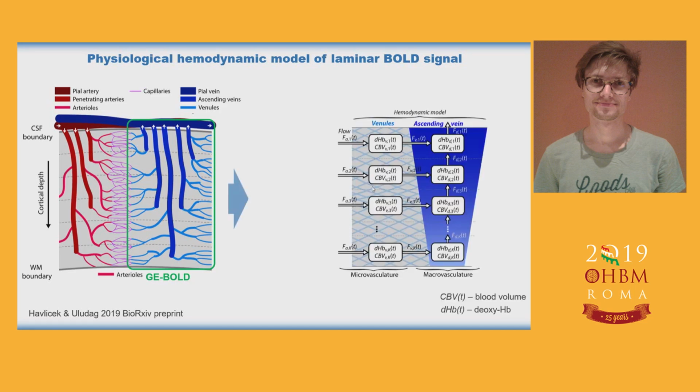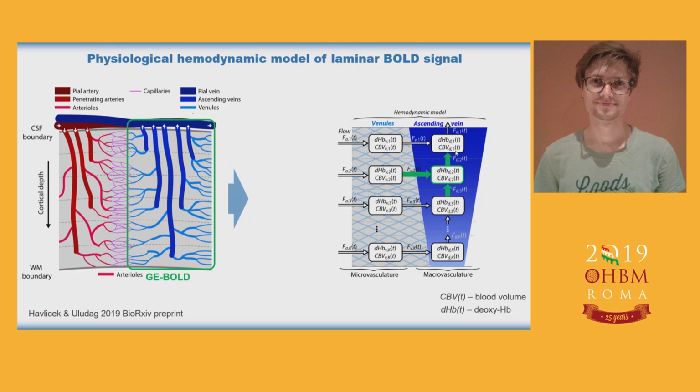We represent venules by a parallel arrangement of compartments, where each of them models dynamic changes in blood volume and deoxyhemoglobin. Next to venules, we have a stack of compartments representing the ascending vein, where each compartment receives inflow from the venule at the same depth and inflow from the lower depth of the ascending vein, and then the blood in the compartment is collected by the compartment above in the ascending vein.